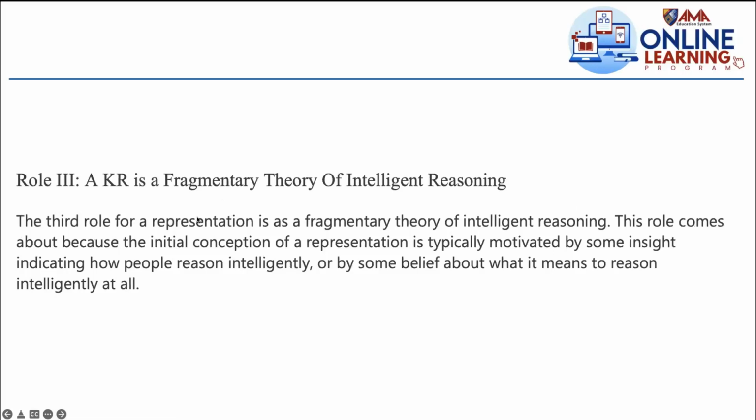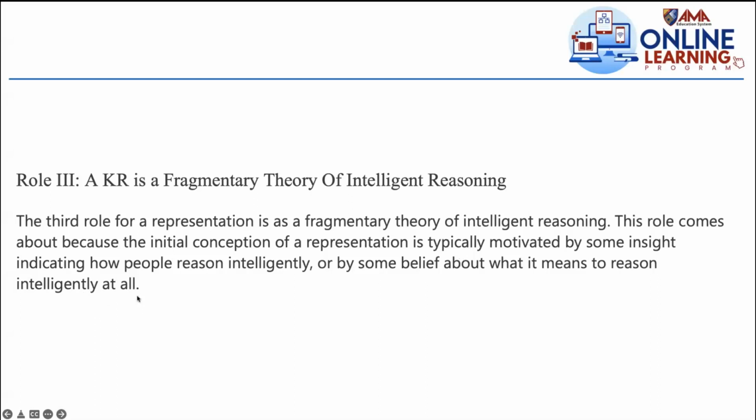So KR, as I mentioned, knowledge representation and reasoning, they're connected. If you want to be able to answer those layers of questions posed a while ago in role 2. So KR is a fragmentary theory of intelligent reasoning. Fragmentary because it is not complete, it's like bits and pieces. The third role of representation is a fragmentary theory of intelligent reasoning. This role comes about because the initial conception of a representation is typically motivated by some insight indicating how people reason intelligently, or by some belief about what it means to reason intelligently at all.